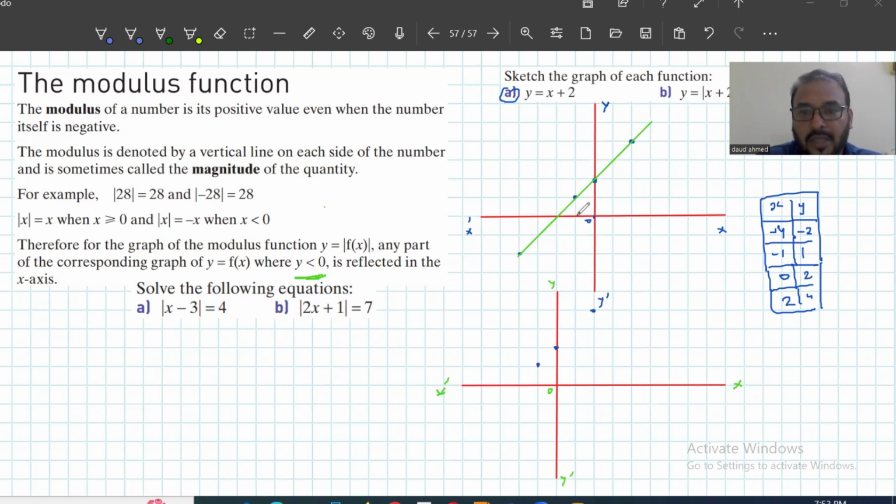If you check at minus 2, the line passes through minus 2 along the x-axis. This will not change, but this is your point of cusp, meaning where the line changes. So here this is the point, fine.